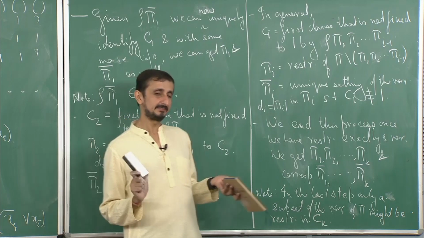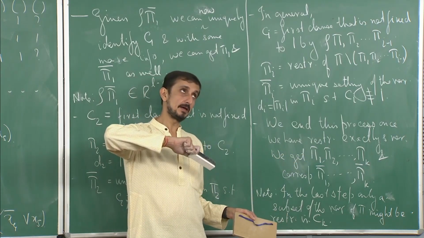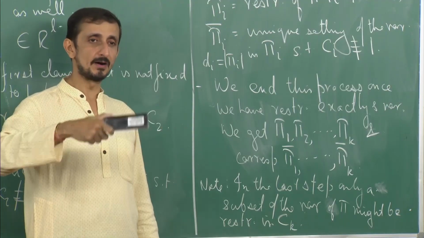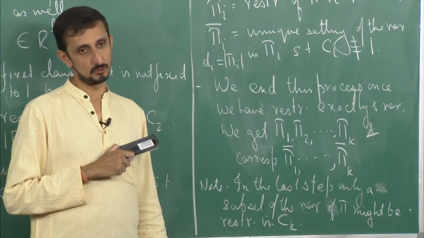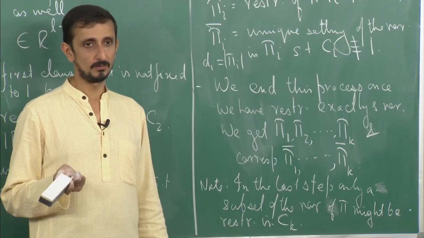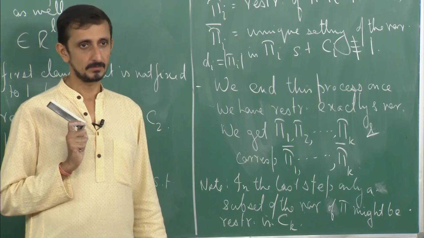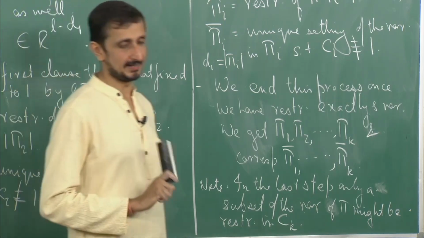But that actually does not matter to us. What matters to us is that even f restricted to rho pi 1 bar, pi 2 bar up to pi k bar will not set that clause to 1. That will be true, and that is actually what matters for us. Okay. That is what we will be using next.